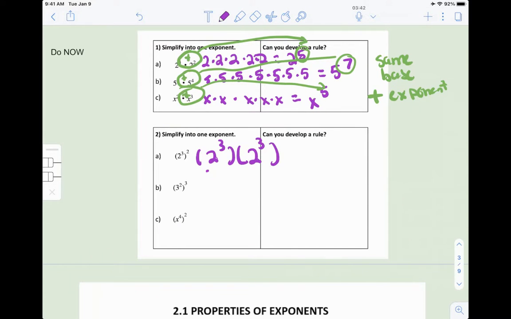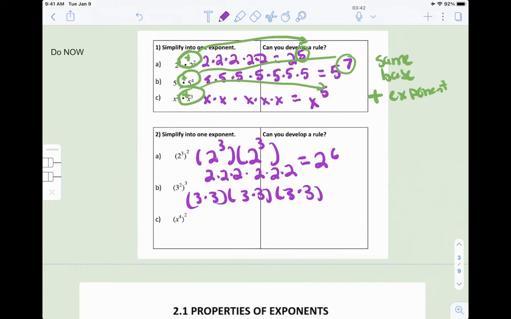So this means 2 times 2 times 2, and in the second parentheses, 2 times 2 times 2, which is 2 to the 6th power. 3 squared raised to the 3rd power is 3 times 3, 3 times 3, and a third set of 3 times 3, which is 6 3's being multiplied together.